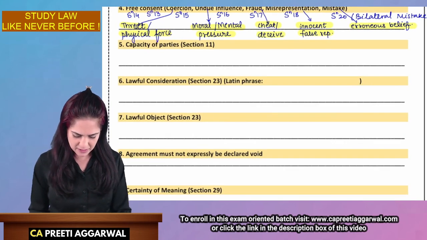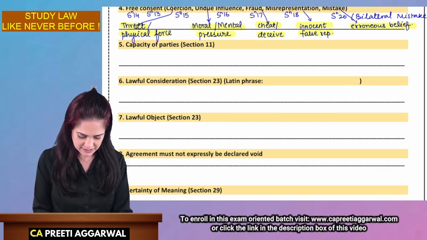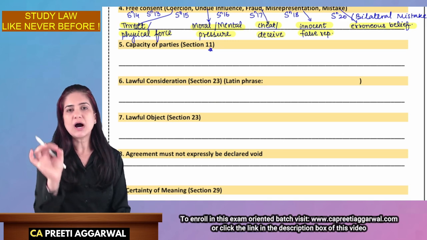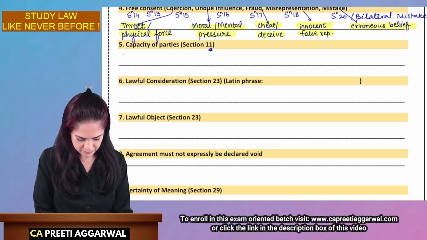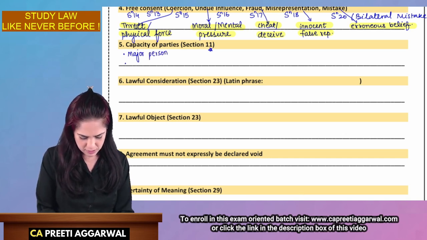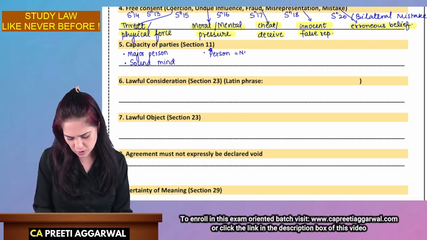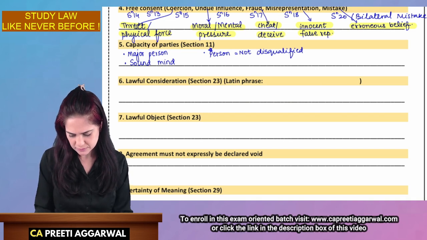Parties must be capable of entering into a valid contract. This is covered under section 11. Who are capable of entering into contract? Only a major person, person of sound mind, rational person, and person who is not disqualified from contracting under any law to which he is subject.